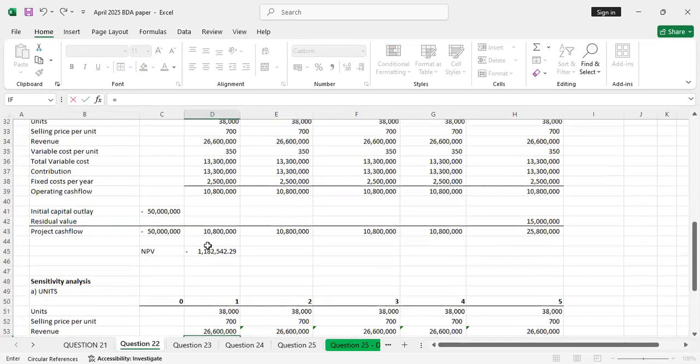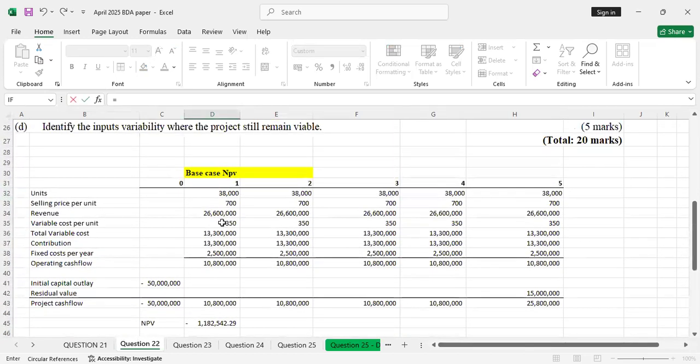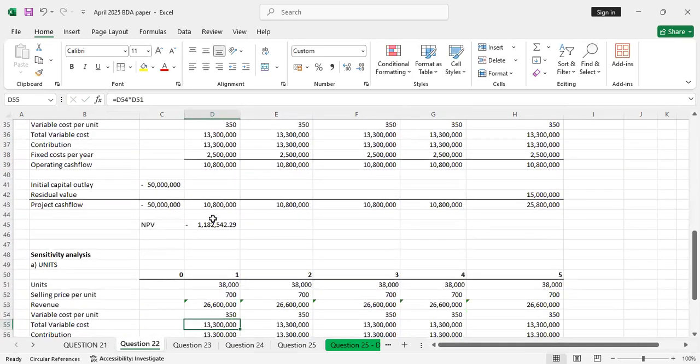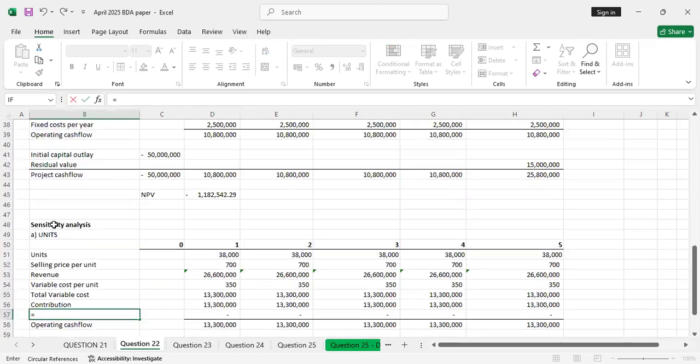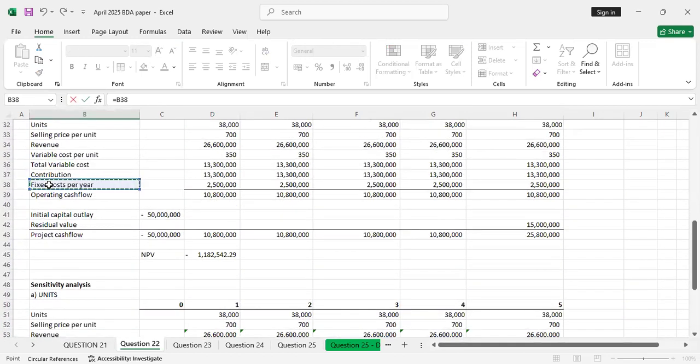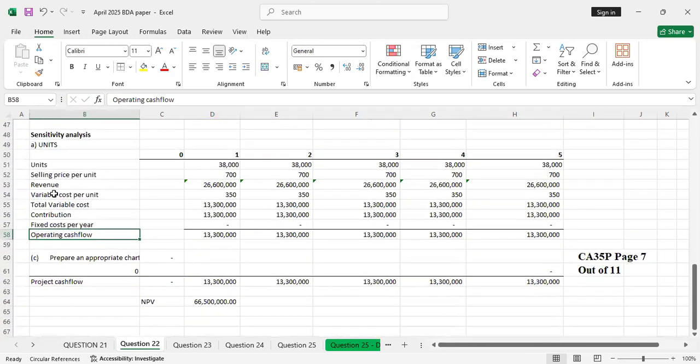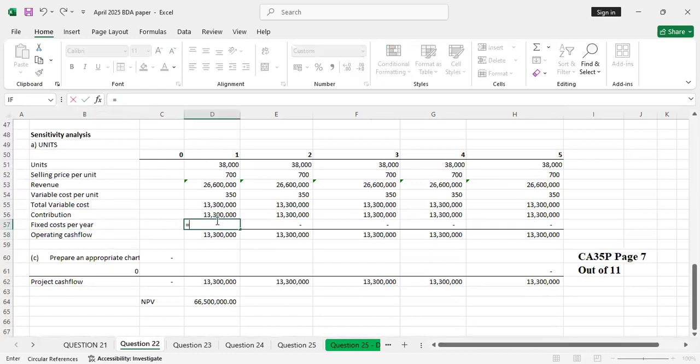Then we'll also copy that 350, and we'll multiply it automatically. Then we have the contribution. Then we have the fixed cost per year, that one, and we include it here.